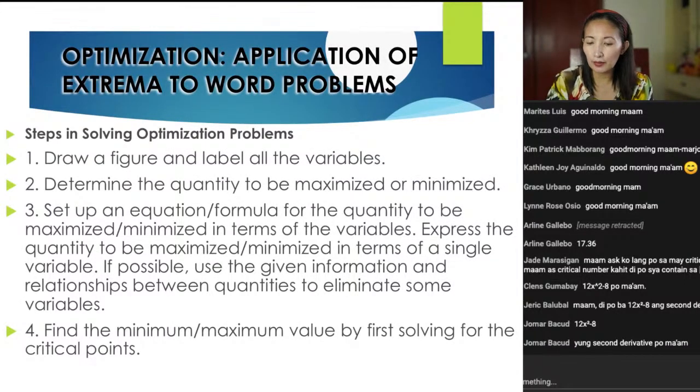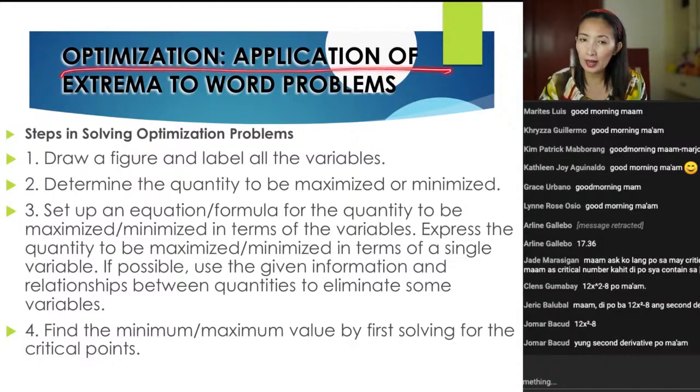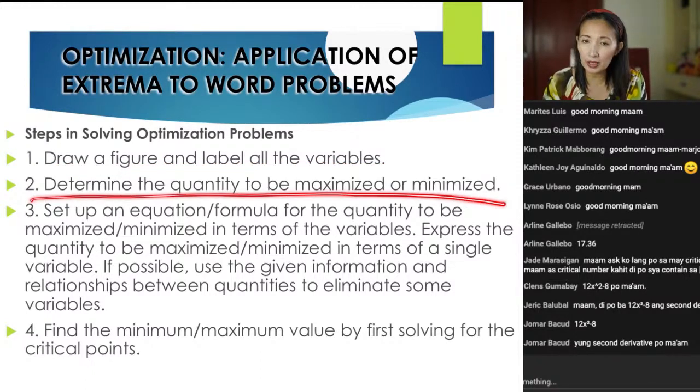Last for this morning, this is an application of the absolute extrema, minimum optimization problems. For word problems, application of extreme values, there are steps. The first step is draw and label all the variables. Determine the quantity to be maximized or minimized.